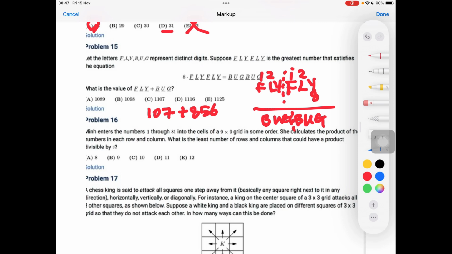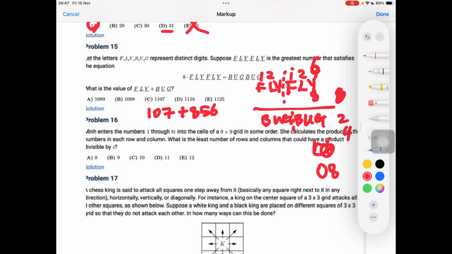Then it's 7 again. No. 6. No, because already 4.